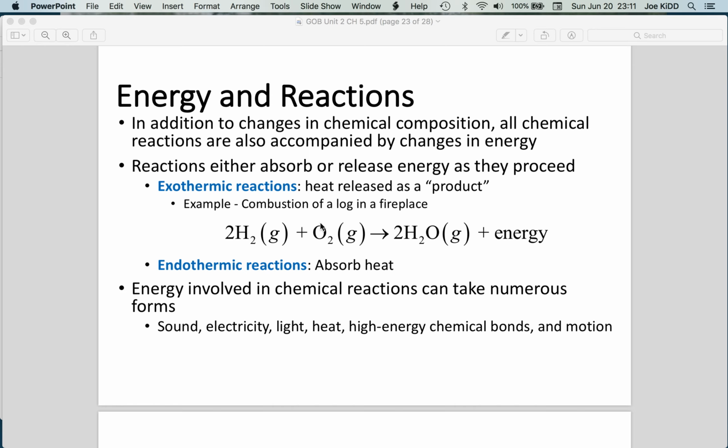And so the energy could be in the form of light or something as well, but typically we see it as heat. So again, a combustion reaction, something exploding gives off heat. And when something gives off heat, we would consider that to be a product. So it would be an exothermic reaction.